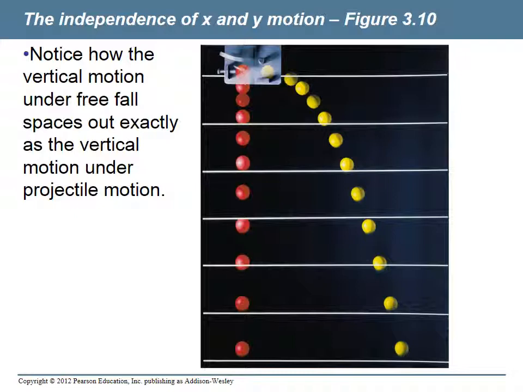They are interrelated in the sense that how long it's in the air dictates how far it moves, which makes sense, but the motions themselves are independent of each other. The fact that it has some x component doesn't make it fall any faster or slower. So if I were to drop a ball, or if I were to shoot a ball out horizontally, they will both hit the ground at the same exact time.